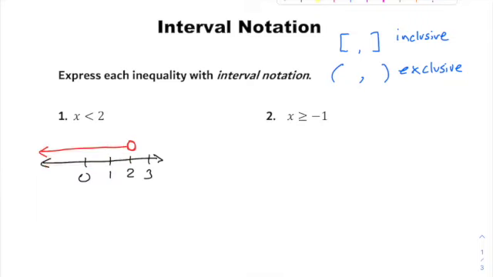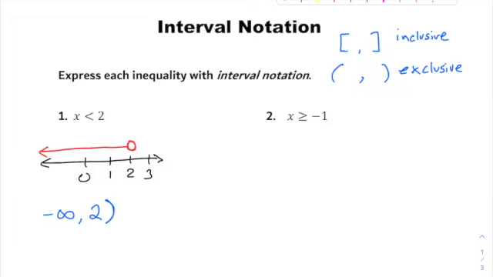So that's how we're going to answer it here: from negative infinity, comma, 2. From negative infinity to 2. Now 2 is an open circle, so we're not including 2.